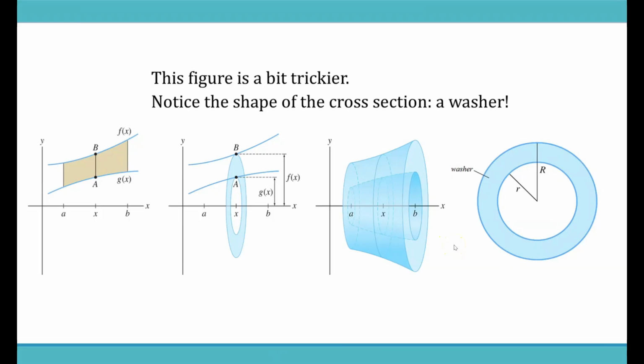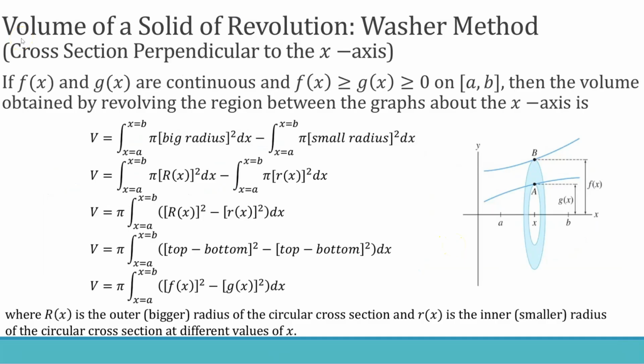Let's take a moment to formalize the formula for finding the volume of a solid of revolution using the washer method, where the cross sections are perpendicular to the x-axis. So the washers are stacked vertically, extending from x equals a to x equals b.